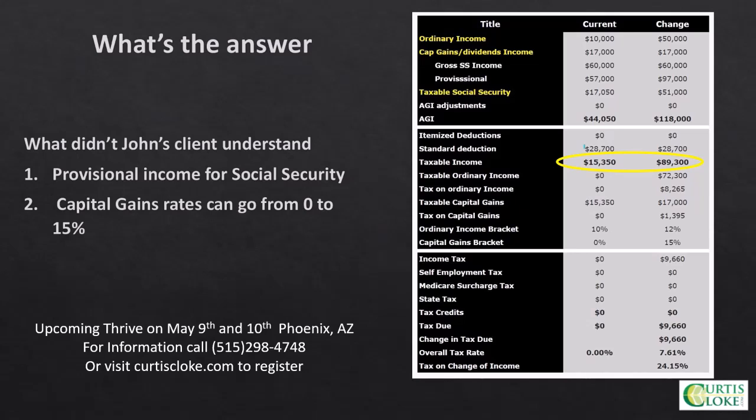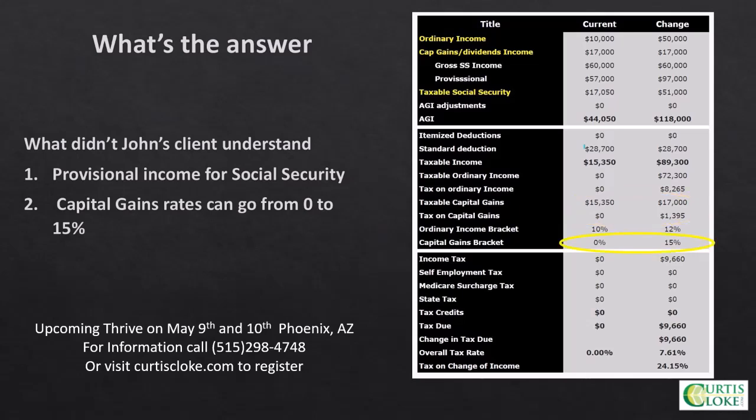So what we can see is that my capital gains are not fully taxed at 15% because only a part of it goes into the higher bracket, but some of it is being taxed at 15%, whereas none of it was being taxed at 15% before. So now I'm going to pay taxes on my Roth conversion, taxes on more Social Security, and taxes on a portion of my capital gains as well.